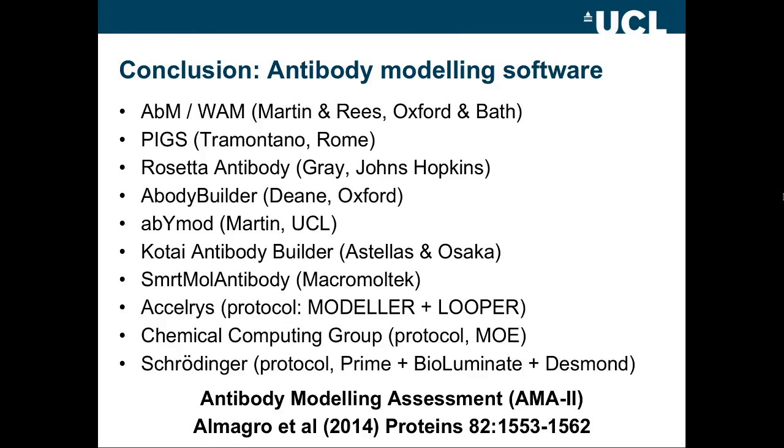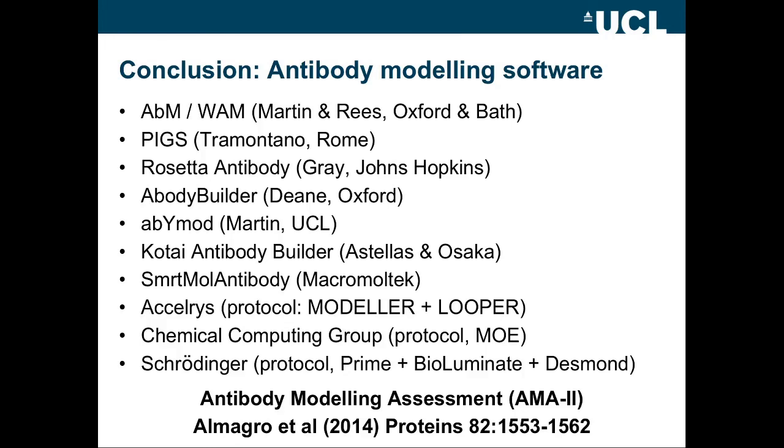Just to conclude, overall then, antibody modelling is similar in approach to standard comparative modelling, but it has a number of issues that make it a bit different. So first of all, we have to deal with the fact that we're always dealing with a light chain and a heavy chain.